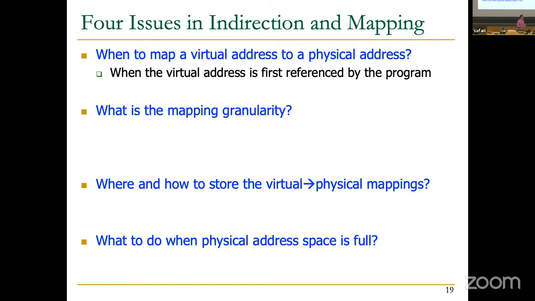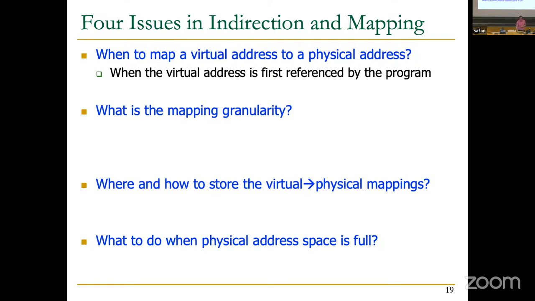So basically, whenever you touch a virtual address the first time, that virtual address gets mapped to a physical address through the page table. Of course, you can do prefetching on this as well, right? So you can actually pre-populate this page table both from the operating system perspective and hardware perspective.